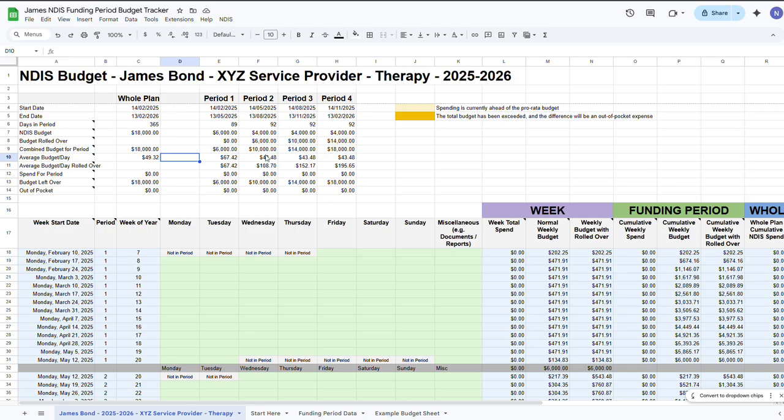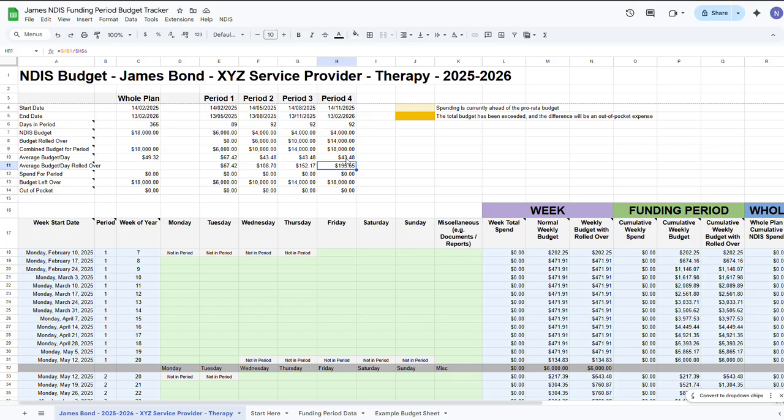And then how much the average per day I could have if you include the money rolled over from previous periods which have been unused. Because at the moment I haven't spent anything and haven't put any plans to spend anything, you'll see in the very last period, if I don't spend any money at all in period 1, 2, or 3, I would have $195 on average a day to spend in period 4.